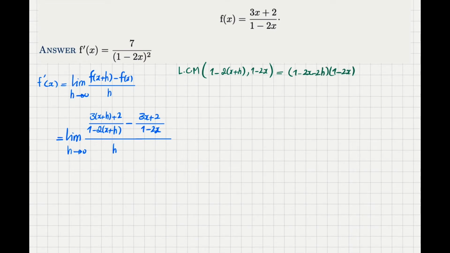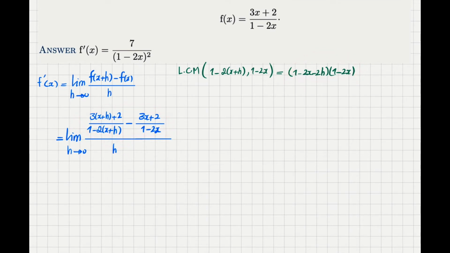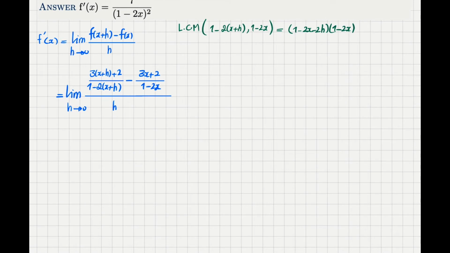What I do is multiply the numerator by this expression, and I have to multiply the denominator by the same expression. Okay, and then you can simplify this limit so that you can calculate. If I multiply this in the numerator, I have to multiply this by the first fraction.